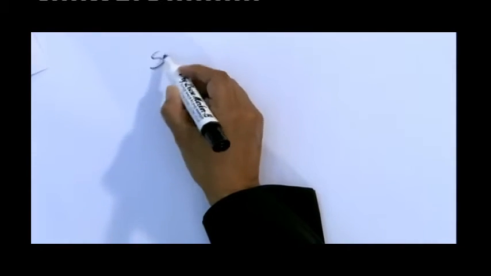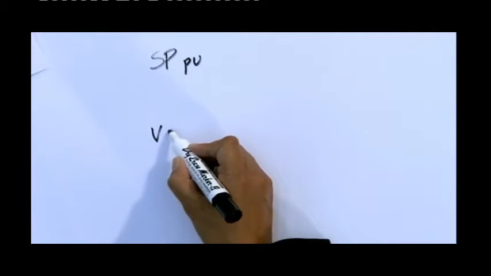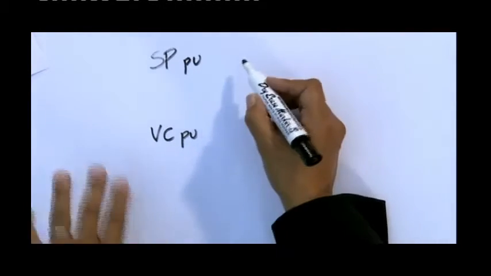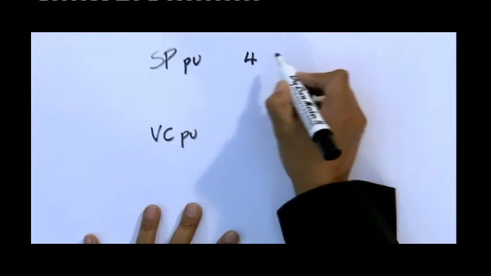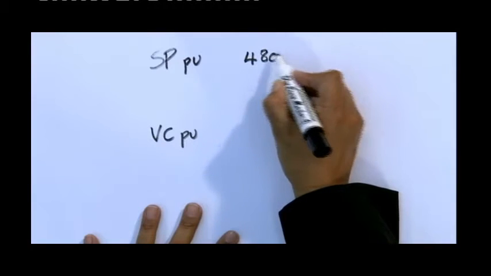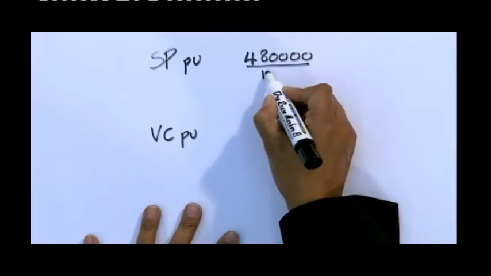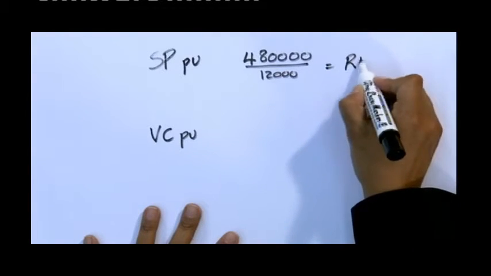I need selling price per unit and variable costs per unit so that I can work out contribution. I have total selling price, which I don't need, but I'm going to work out my selling price per unit, taking 480,000 divided by 12,000, and I get 40 Rand per unit.